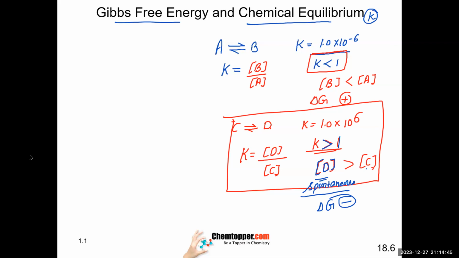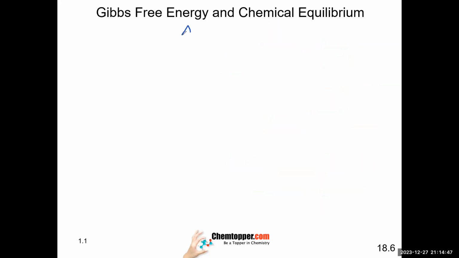How? Mathematically, delta G is delta G naught minus RT ln Q. Remember Q, the QSP, QA, Q is the reaction quotient. It's the condition when the system is struggling to come into equilibrium.